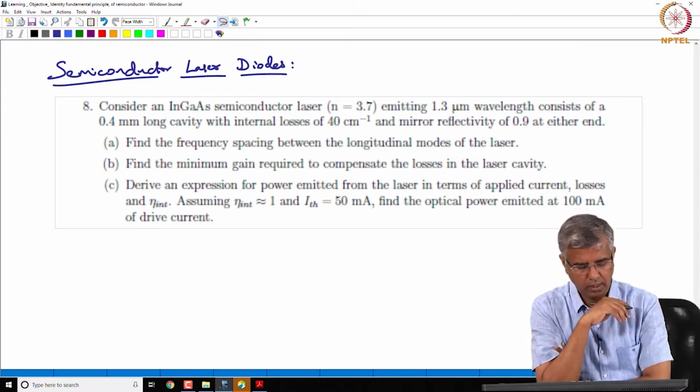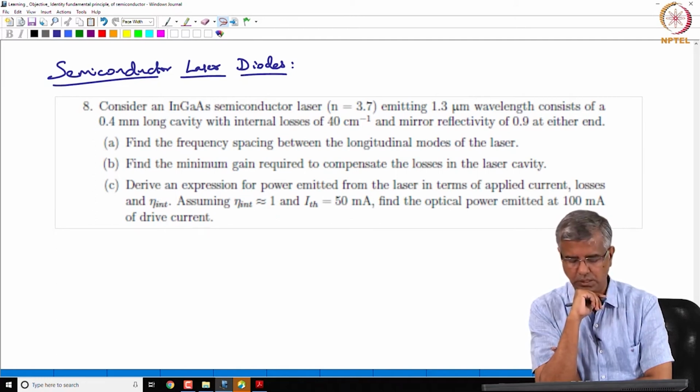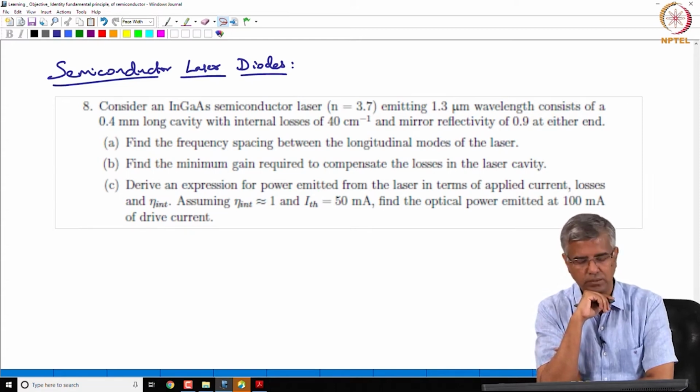So, this is asking you to consider an indium gallium arsenide semiconductor laser. The material refractive index is 3.7. So, this is emitting at 1.3 micron wavelength.